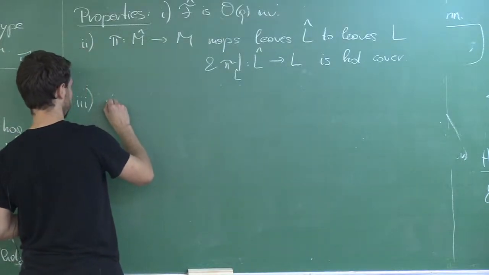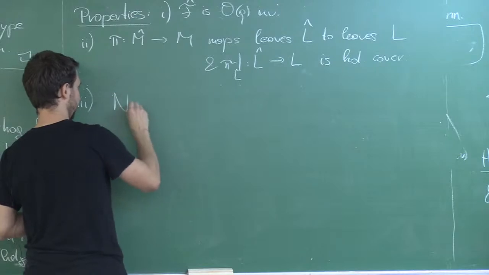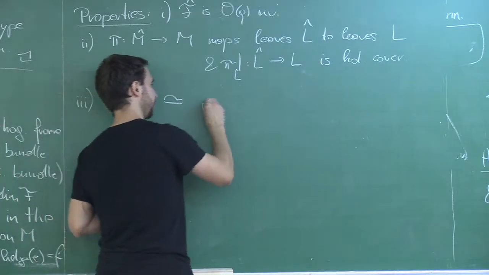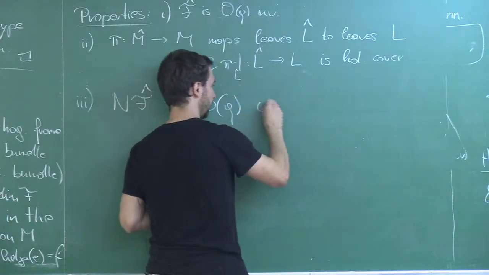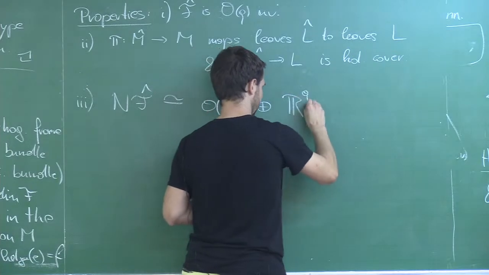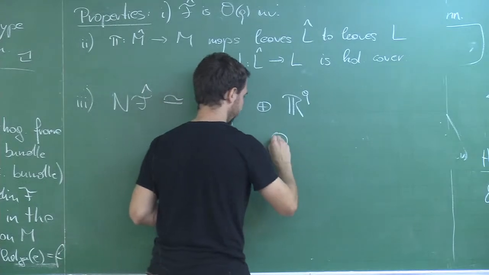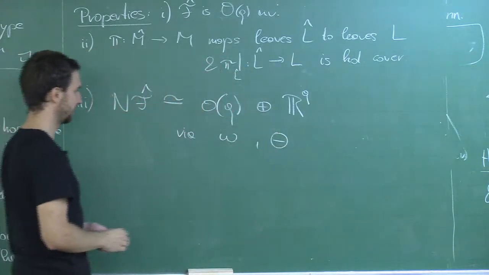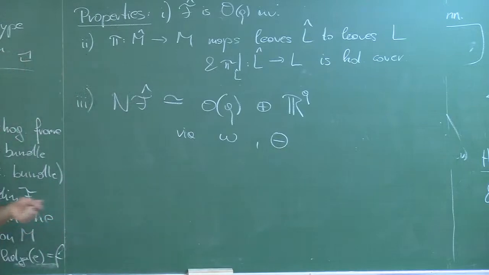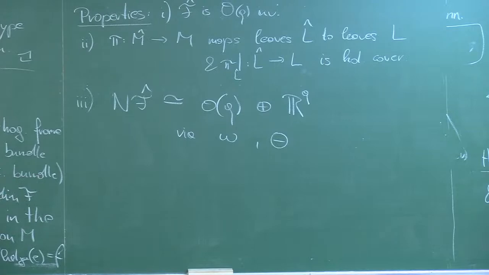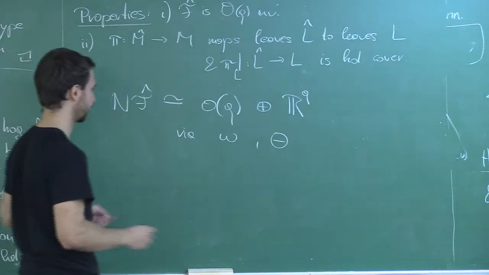So we have a natural identification of the normal bundle on F with the Lie algebra OQ plus RQ via omega and theta. So theta is like the canonical one form on the frame bundle, and omega is, in terms of forms, a transverse Levi-Civita connection, or a connection one form for the corresponding transverse orthogonal bundle.